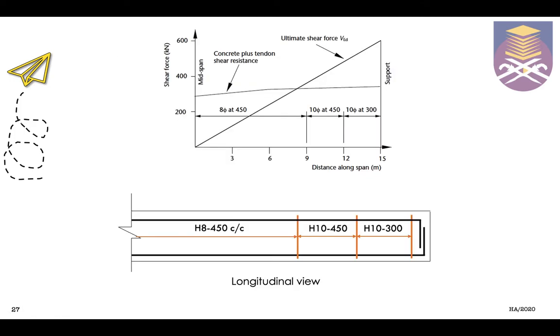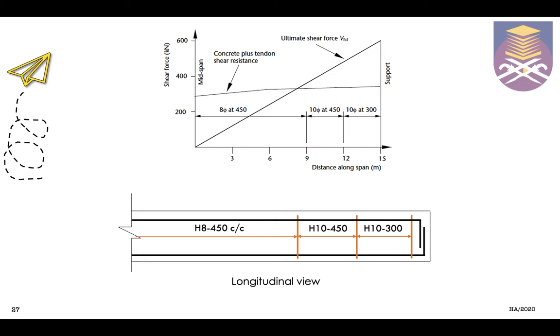Then we also have this, considering the minimum links, where we can see that the diameter of the link has been reduced to H8. So instead of using H10, we can reduce to H8, and the spacing is also 450. You can see that we have a difference there, in order to apply cost saving.